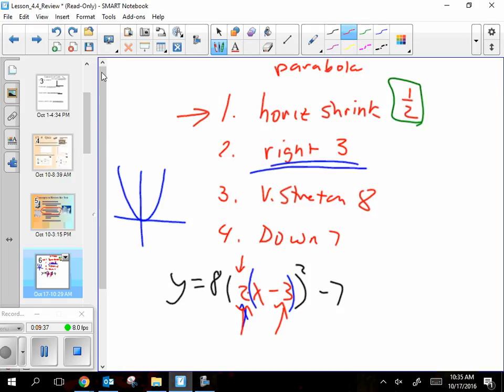It would shrink it horizontally and make it twice as narrow or half as wide. So what you actually said was, is a shrink of 1/2 the same as a stretch of 2? And it's not. There's a way to stretch this and make it double wide, but it would be by putting a 1/2 in here. To make it twice as wide, you'd have to use a 1/2.